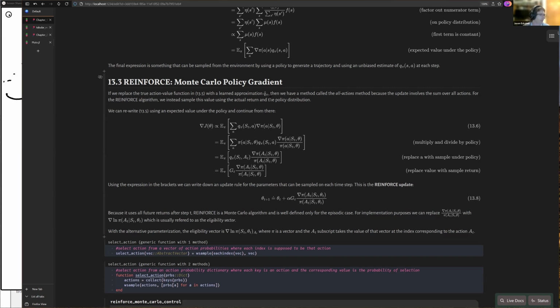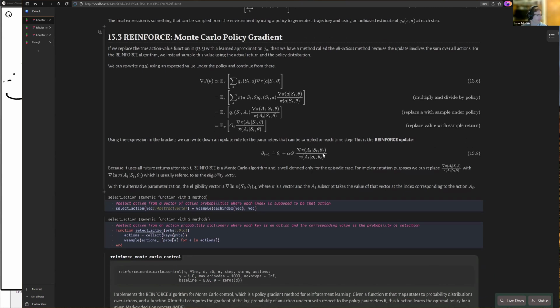All we have to do is collect a Monte Carlo sample of a trajectory, go through it, and at every state action pair, we have our sample value of G, and then we just compute the gradient of the policy function here.